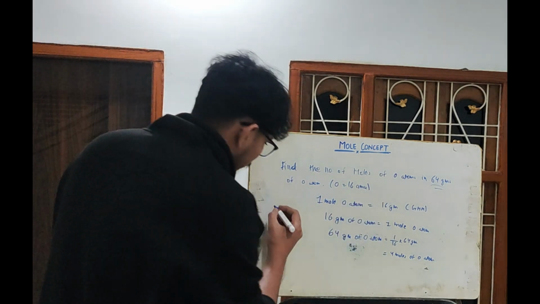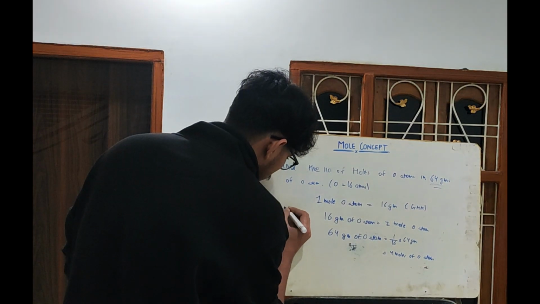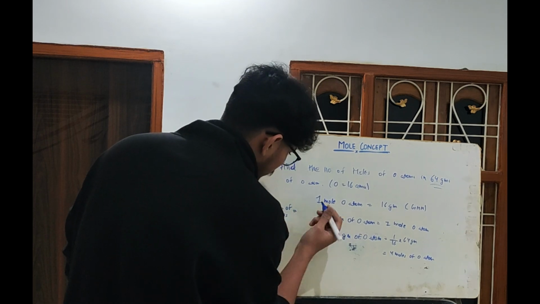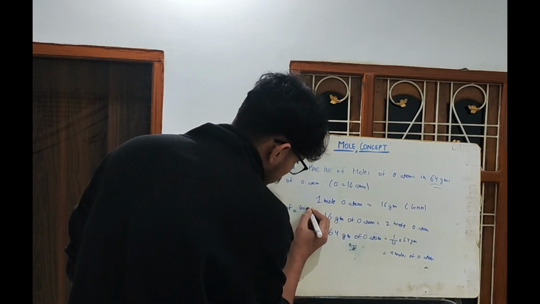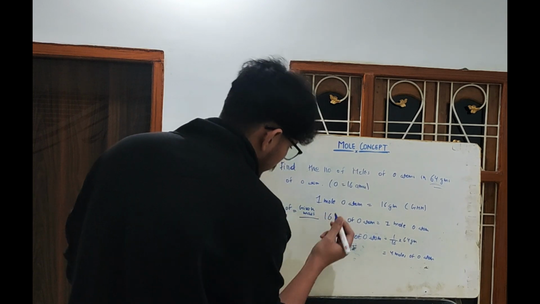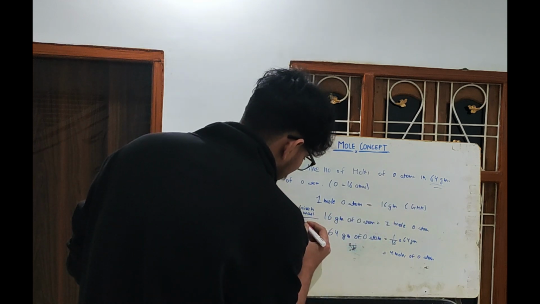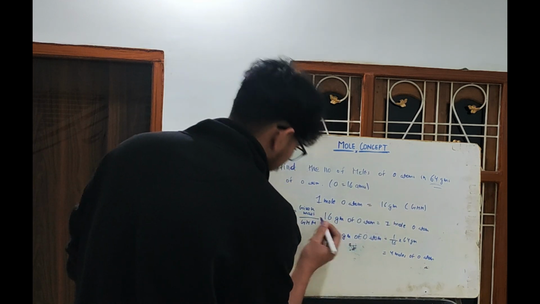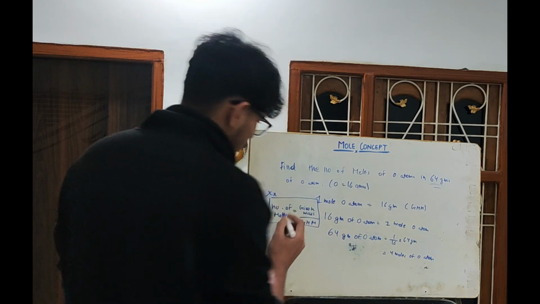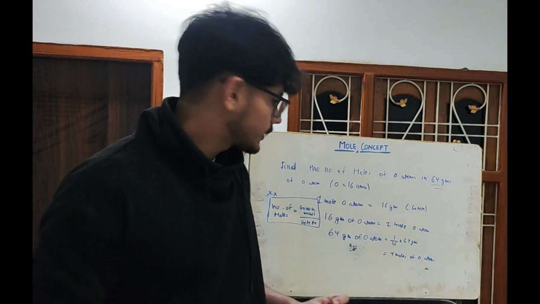So to calculate the number of moles, we can write the given mass divided by the gram molecular mass, or GMM. So note down this formula. This is an important formula for further discussions.